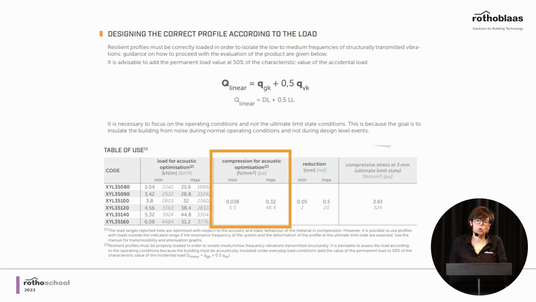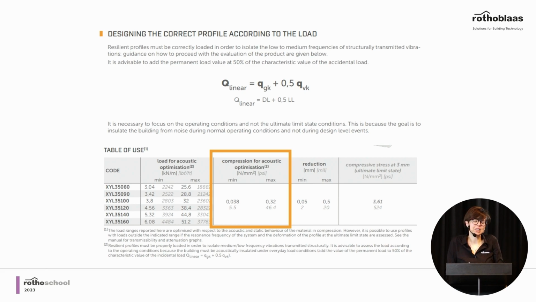And this is why when you look into the table of use of the products, you will see that there is an acoustic optimization, so a load range that is recommended from an acoustic point of view. And this kind of load needs to be calculated considering the load applied on the resilient interlayer, which is given by the weight of the structure without any coefficient and just half of the live load.